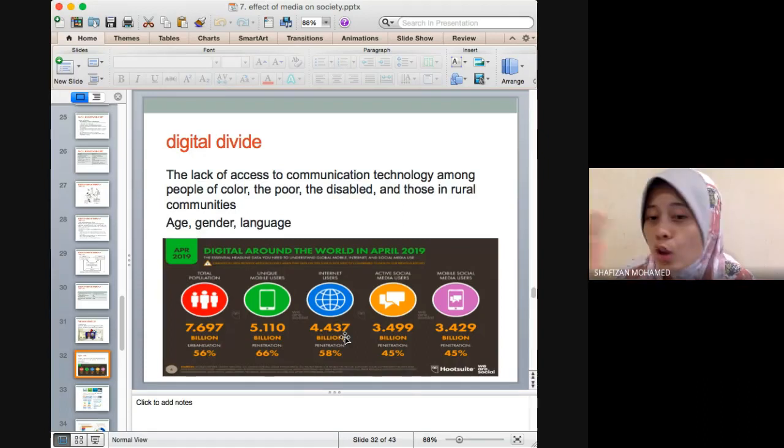So while you're TikToking away, there are still billions of people who have never seen Facebook. And 45% are social media users. So here, while these statistics focus on usage, they also tell us the other part of the story is that there is a divide between those who have access to technology and those who do not.